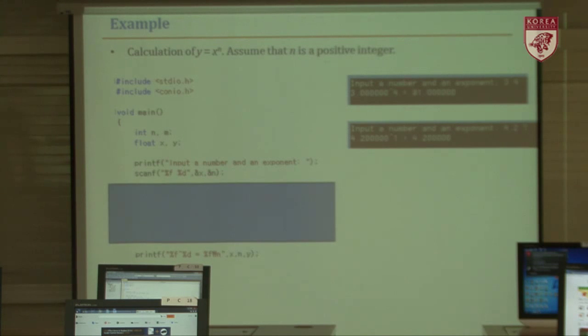So you may want to make a loop that is repeated n times, and in the body of the loop you multiply x at each loop. That's the basic implementation of x to the n.